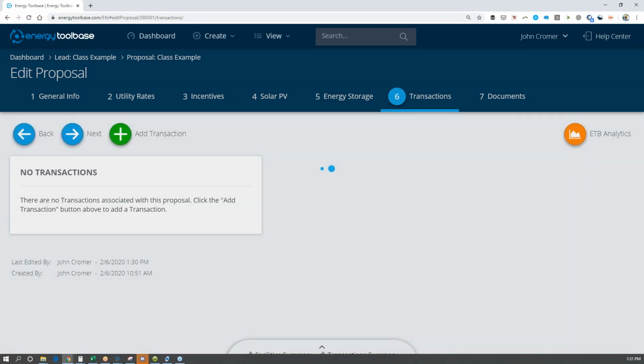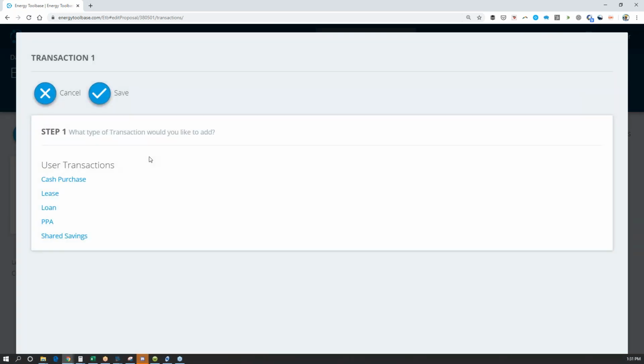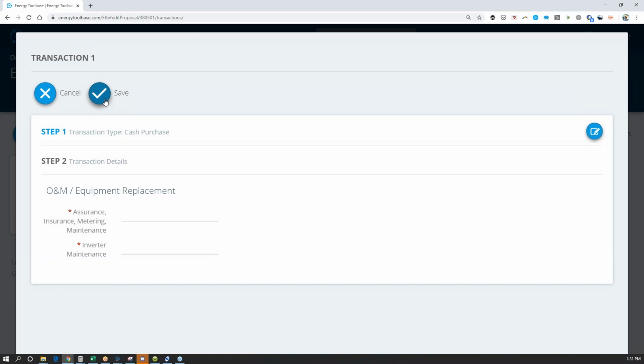And so we're going to go fine tune this and show how to use this economic based data to figure out the optimal size. Transactions, we're just going to model a cash purchase.